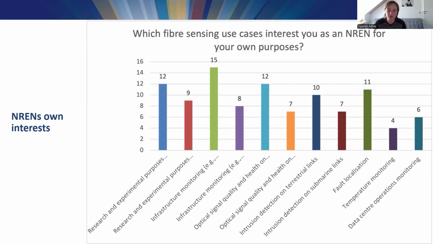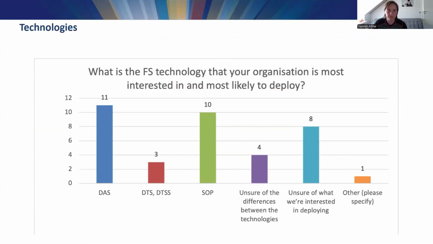They can also use this to monitor the optical signal quality and health, and intrusion detection, both on terrestrial and submarine links. The NRENs are interested in different technologies. As one of the main findings, as Chris mentioned in the beginning, it's mainly DAS and SOP.